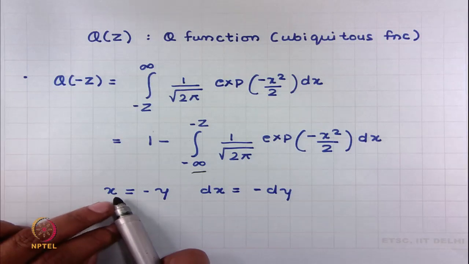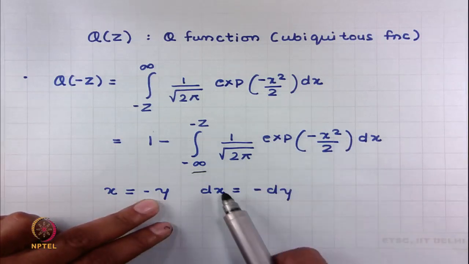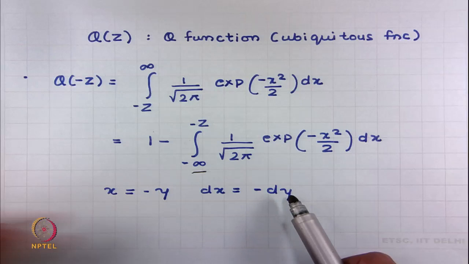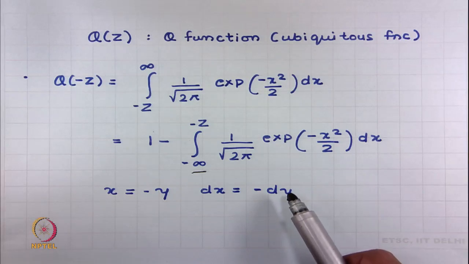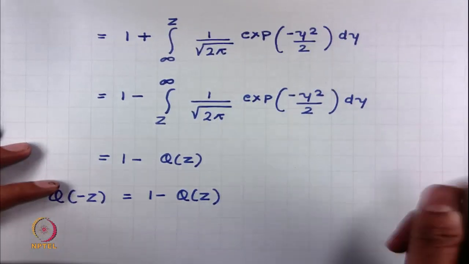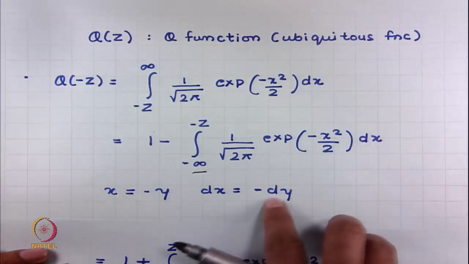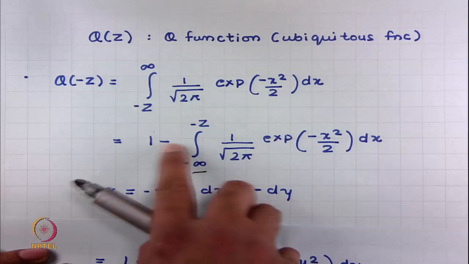Now, let us make some changes in the variable. So, let us assume that x is minus y. So, dx will be minus dy. In that case what would happen? So, first we would see that if dx is minus dy there would be a sign change here.